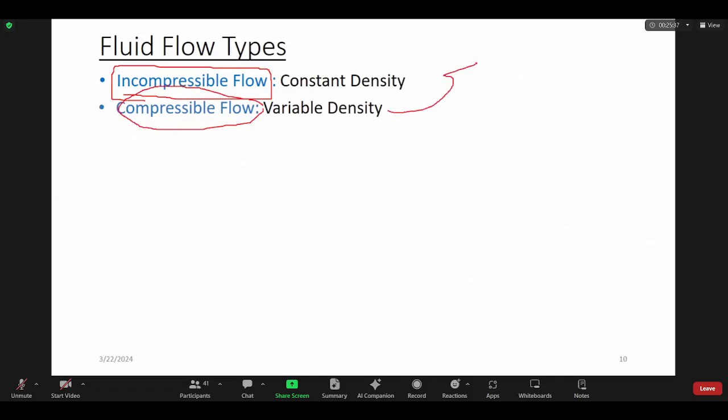Compressible flow means, I will draw a piston like this.